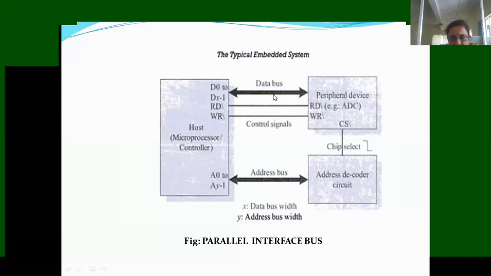There is a group of wires connected, either 4-bit, 8-bit, or 16-bit wires. So a parallel bus is nothing but the data being transmitted in parallel through this data bus. And the data transfer happens with the help of the RD, which stands for read, or write control signal. With the help of this, the data transfer happens between the microcontroller and the slave.